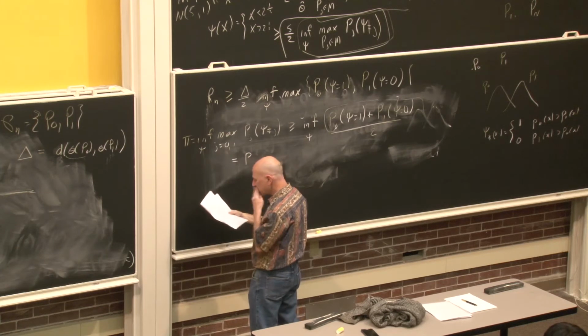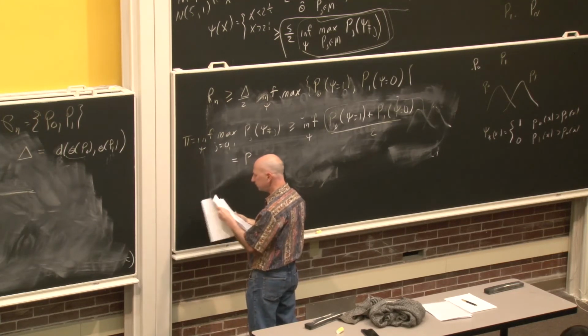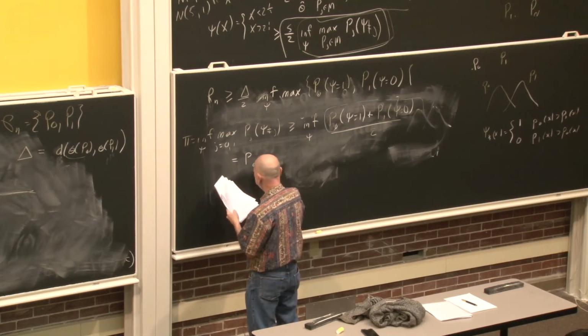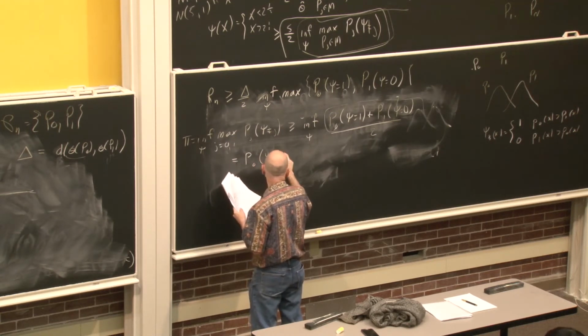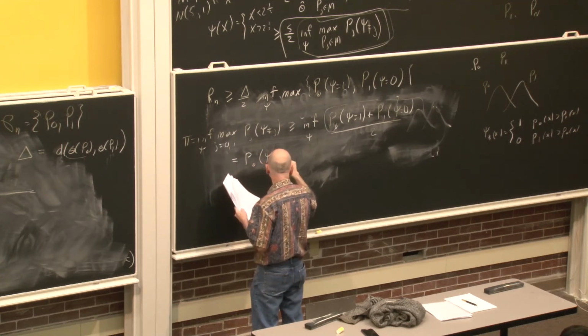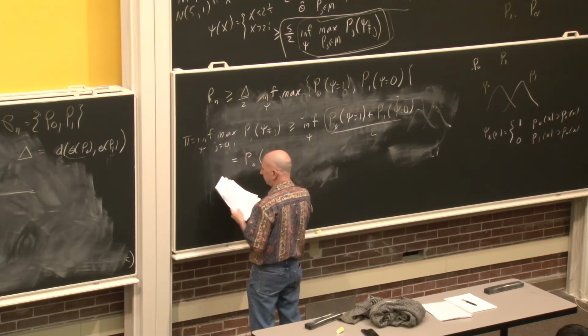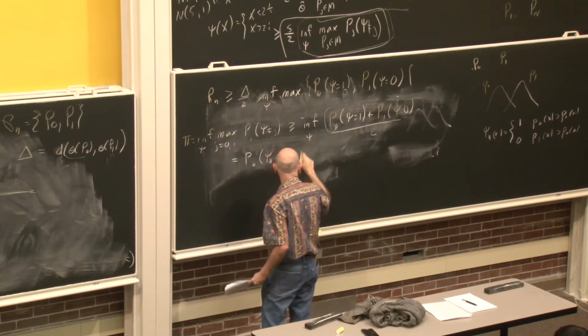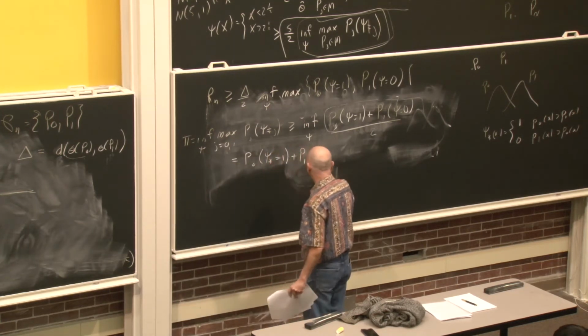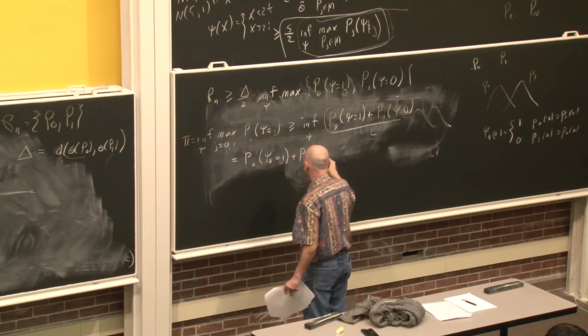Okay, so this is P0 of the Neyman Pearson test, phi star, equaling 1, plus the other error, over 2. We've gotten rid of the inf because we actually know what the inf is.